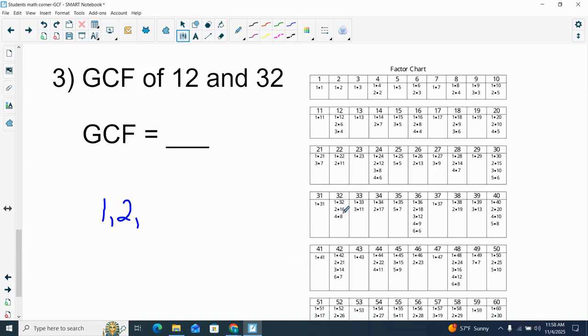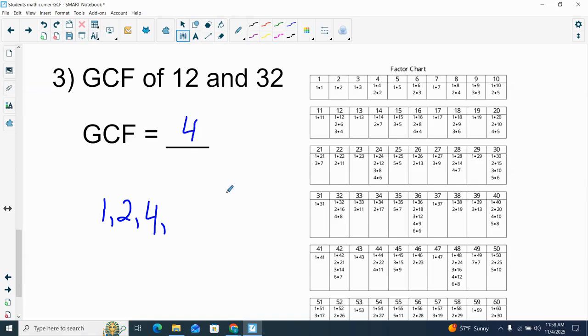Oh, but they both have a 4. This one has a 6 and a 12, but this one doesn't. This has a 16 and a 32. Oh, it also has an 8, but this one doesn't. So it looks like these are the only numbers that they share. 1, 2, and 4. So the greatest common factor of 12 and 32 is 4.